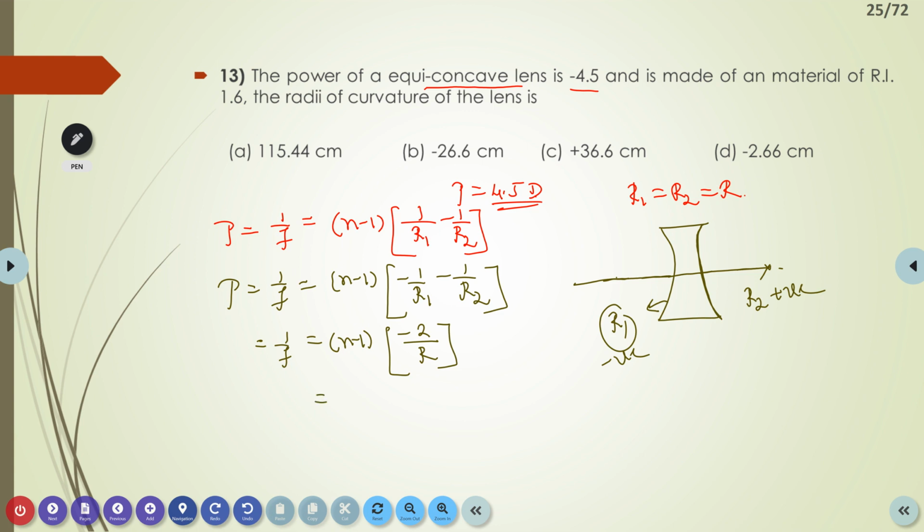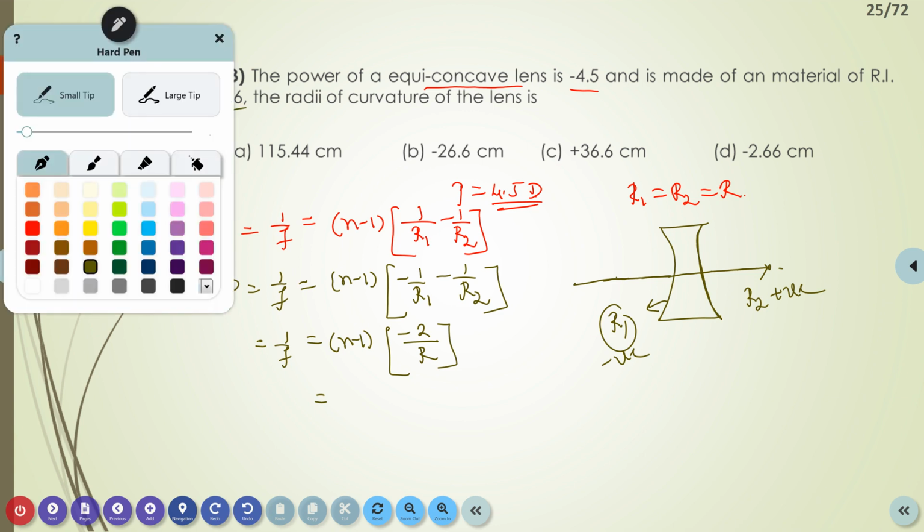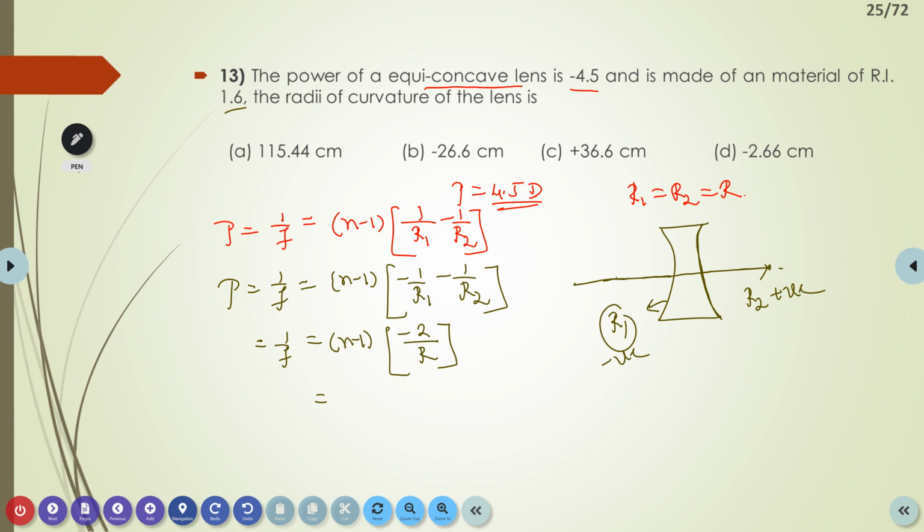The N value is given as 1.6. So that 1.6 minus 1 is 0.6, into 2 divided by R, with minus sign.